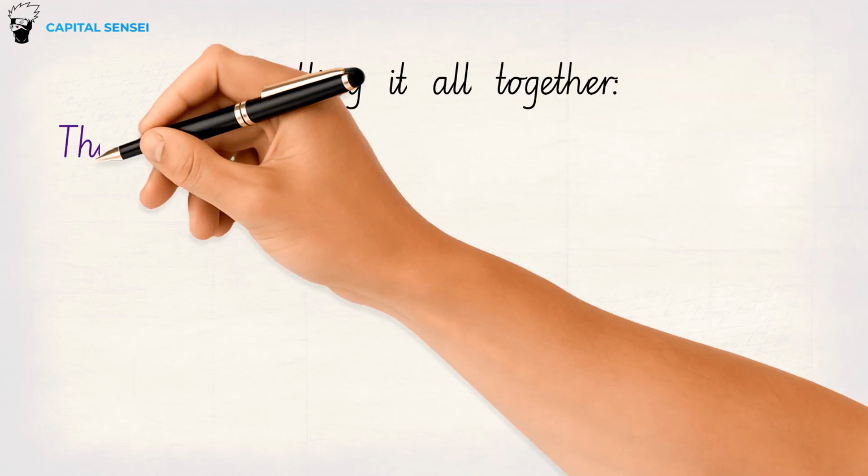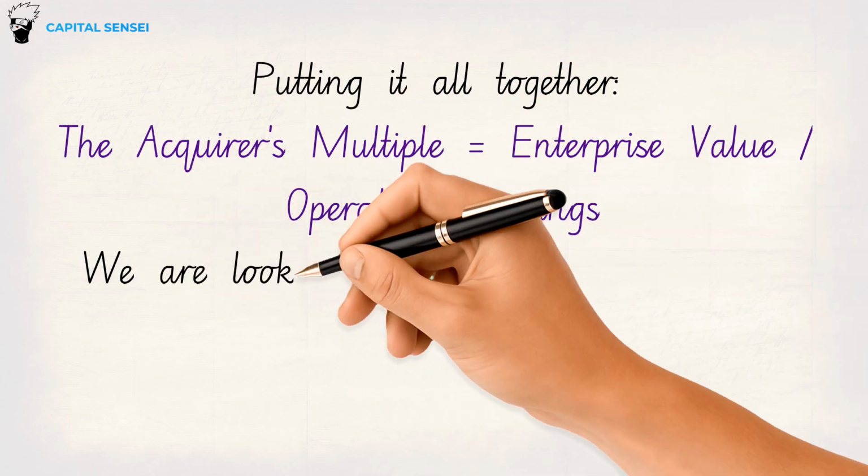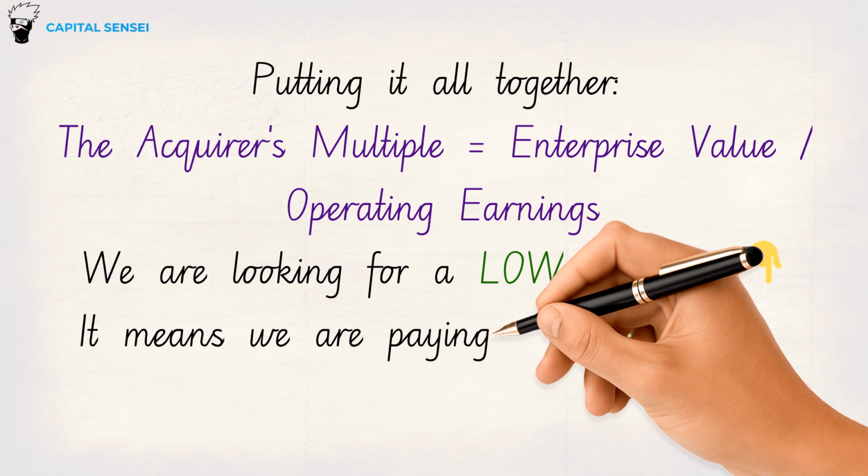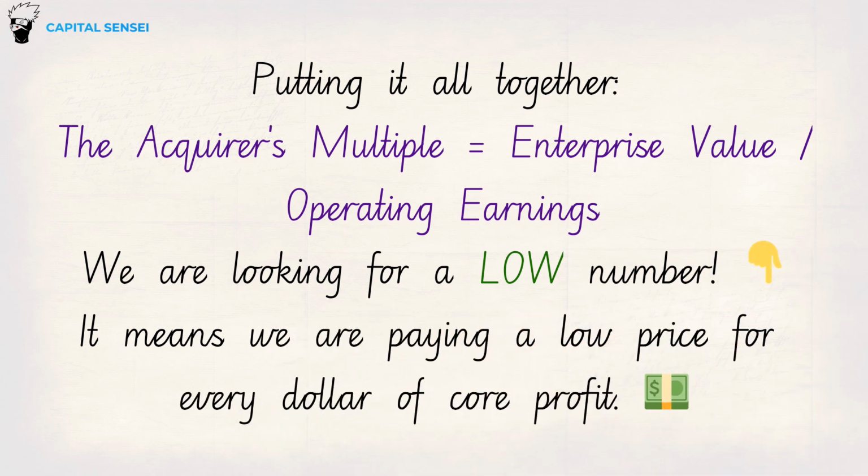So now, we have our two pieces: enterprise value, which is the true takeover price, and operating earnings, which is the true operational profit. The acquirer's multiple is simply enterprise value divided by operating earnings. A low number here is what we are looking for. It means we are paying a very low price for every dollar of core profit the business generates.